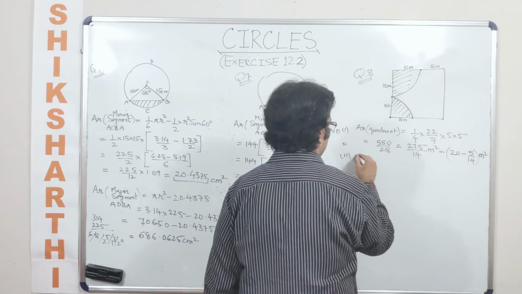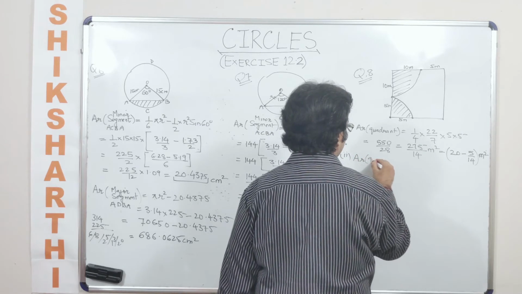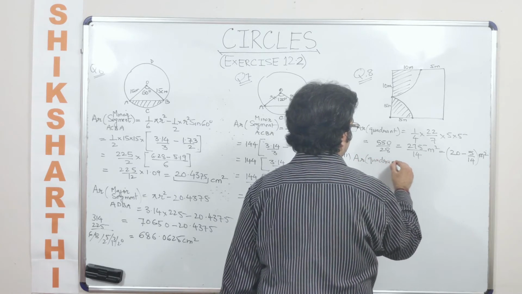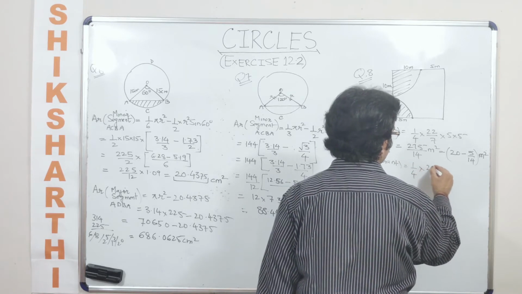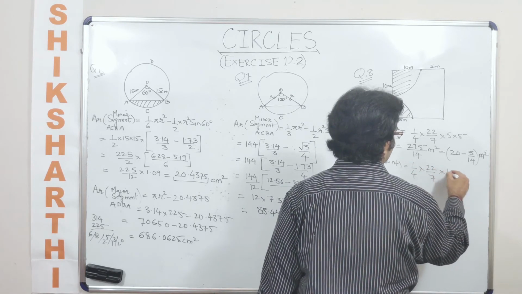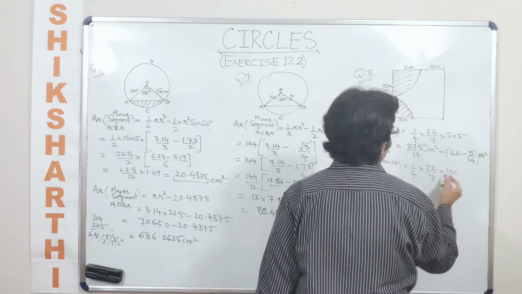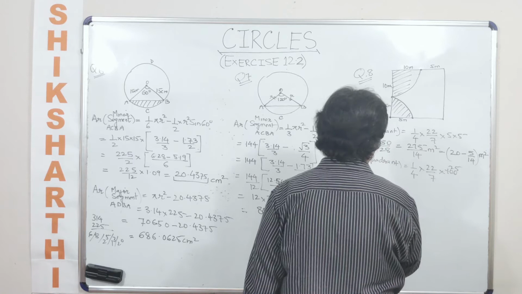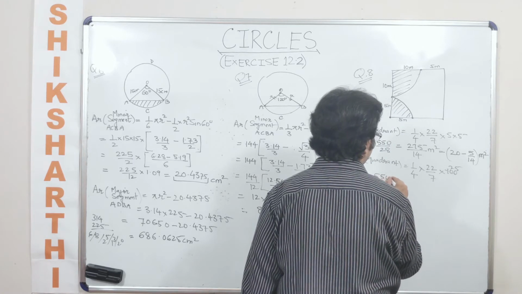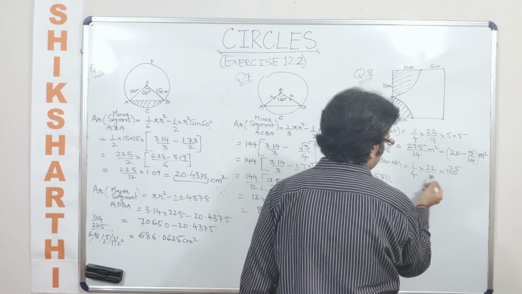So in that case also you will say that the area of the quadrant, now this quadrant would be different, is nothing but 1/4 of 22 by 7 into r square, which is 100. So now the answer will be 550 divided by 7.